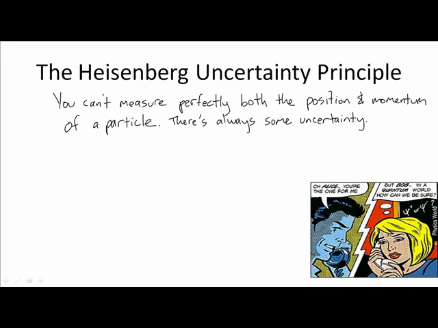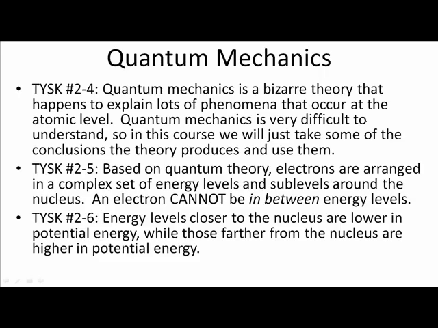That's all you need to know about the Heisenberg uncertainty principle: it means we have to stop thinking about electrons as being in a specific place at a specific time, that there's something that's going to be more fuzzy. You can't pinpoint them.